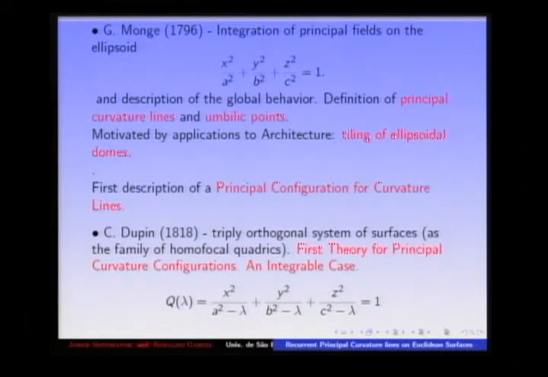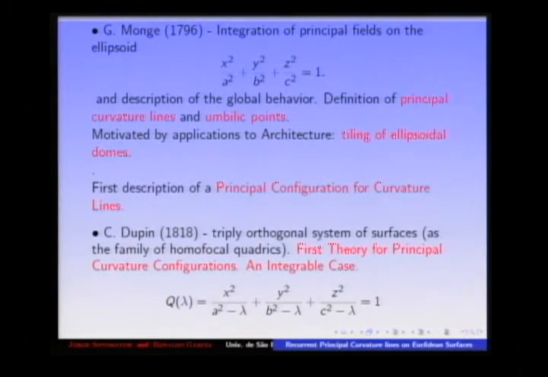And the first one to consider the integration of this line field is Gaspard Monge in 1796, almost 50 years after Euler. But Gaspard Monge was not only interested in abstract analysis, he was an applied mathematician, founder of the École Polytechnique in France.